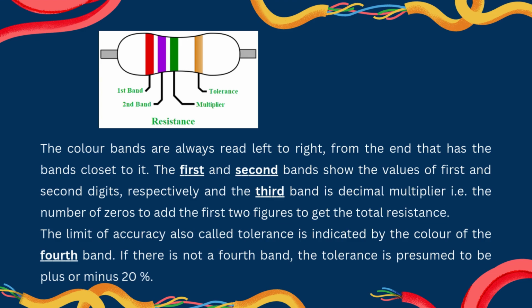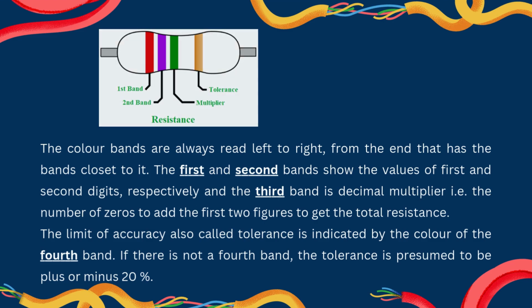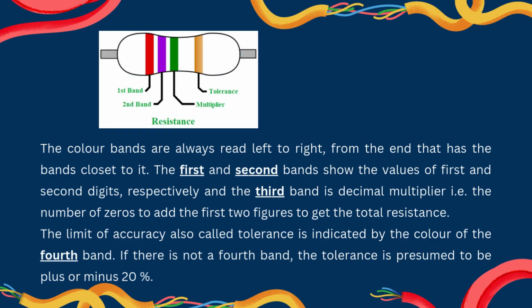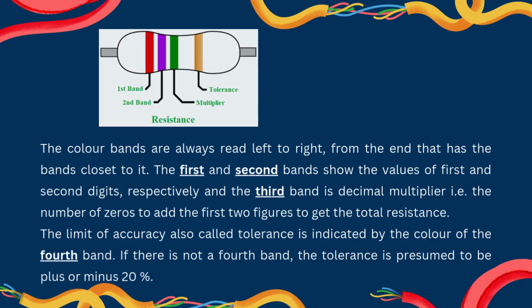The first and second bands show the values of the first and second digits respectively. The third band is the decimal multiplier, that is the number of zeros to add to the first 2 figures to get the total resistance. The limit of accuracy is also called tolerance, indicated by the color of the 4th band.